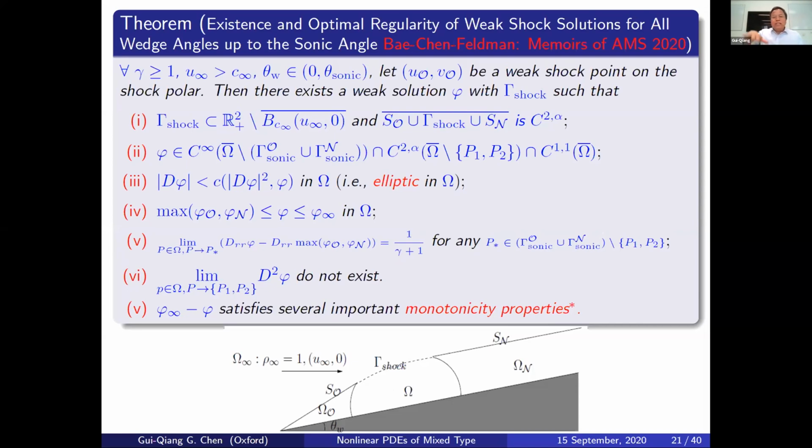Now when we increase the angle and reach the sonic angle, this region becomes smaller and smaller, eventually reducing to one point. This means the hyperbolic region becomes one point at the corner. Then when the angle is a little bigger, it switches to purely elliptic.